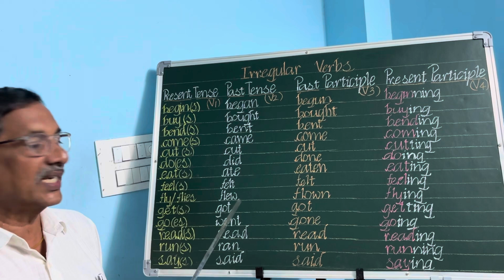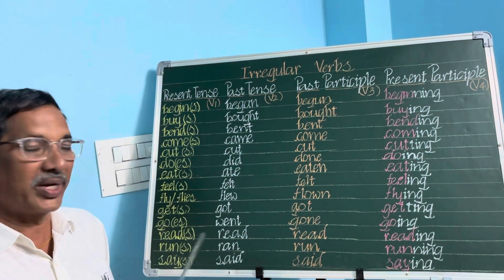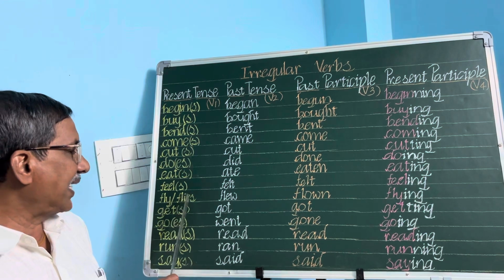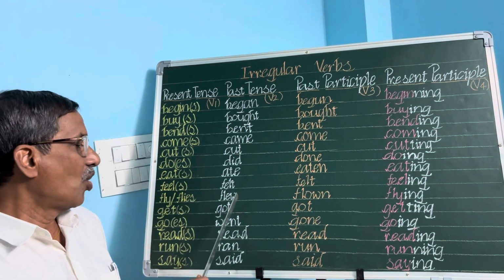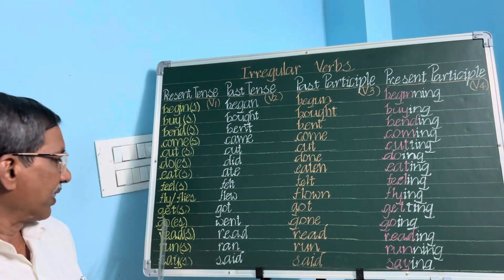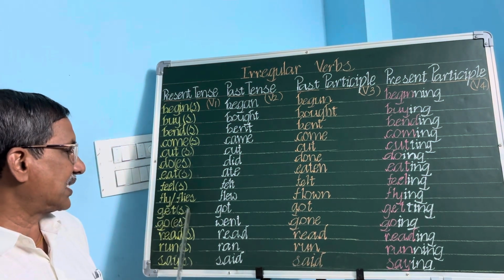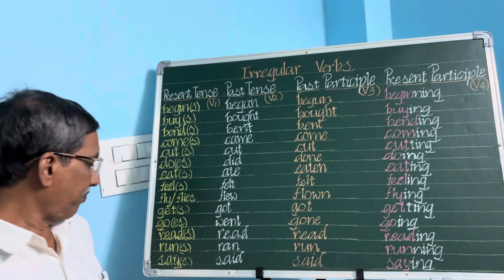Fly, the s form is flies, y is omitted and ie is added. Flies, F-L-I-E-S. Flew, flown, flying. Get, gets, got, getting.